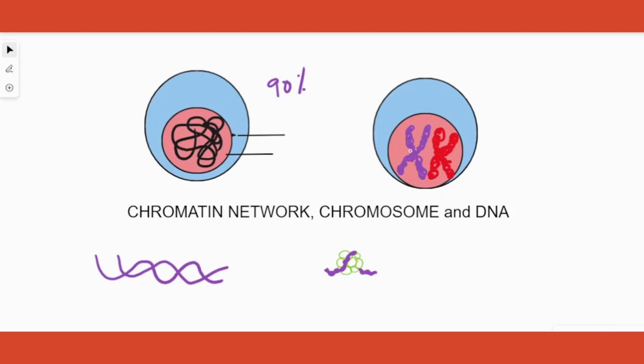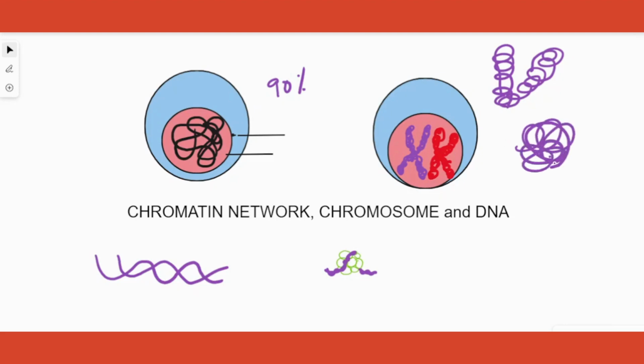Now, where is the DNA found? DNA is nothing but this thread itself, and this DNA is not just rolled around. Even if it tries to curl, where is it trying to curl on? There has to be some bead-like structure on which this DNA is winding around, correct?